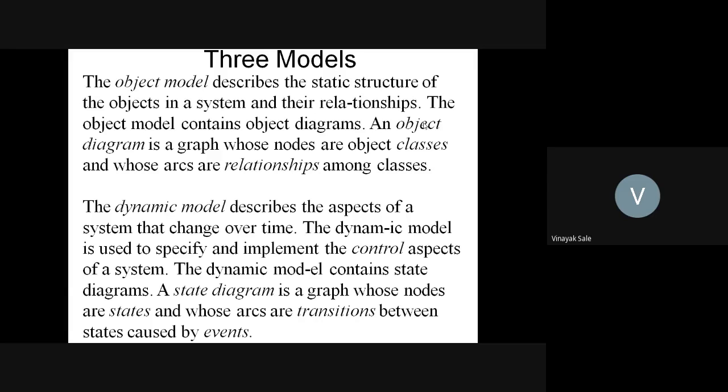The dynamic model describes the aspects of the system that change over time. The dynamic model is used to specify and implement the control aspects of the system. The dynamic model contains state diagrams. A state diagram is a graph whose nodes are states and whose arcs are transitions between the states caused by events.